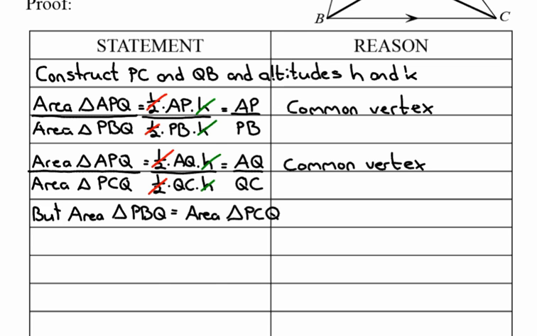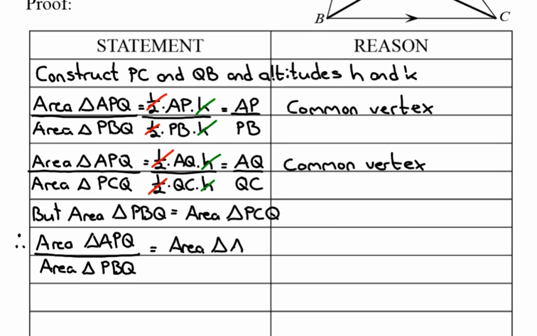So I can say, therefore, the area of triangle APQ divided by the area of triangle BPQ is equal to the area of triangle APQ divided by the area of triangle PCQ.